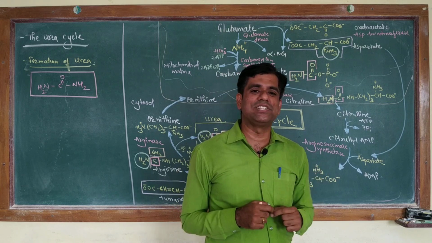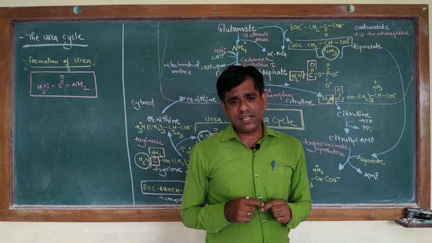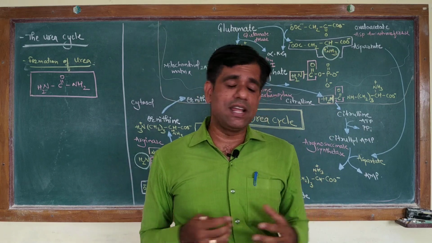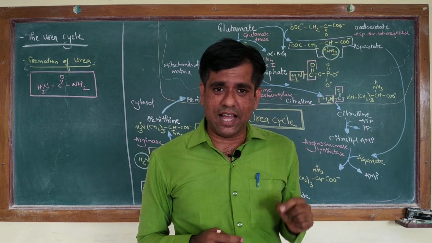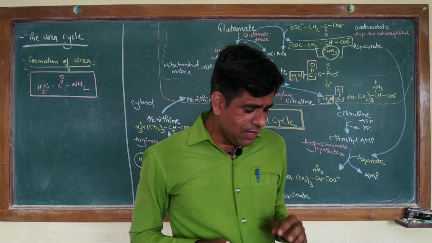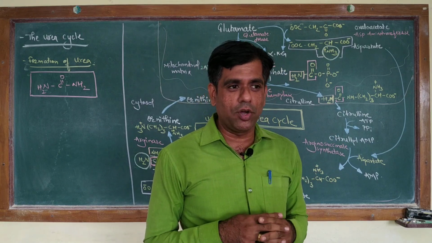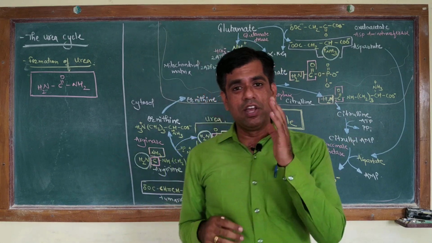And mammals as such are ureotelic, so we produce urea. You will find some snakes, lizards and reptiles produce uric acid as their major nitrogenous waste product, so they are what you call uricotelic. Anyway, today we'll be talking about the ureotelic organism, and the formation of urea.